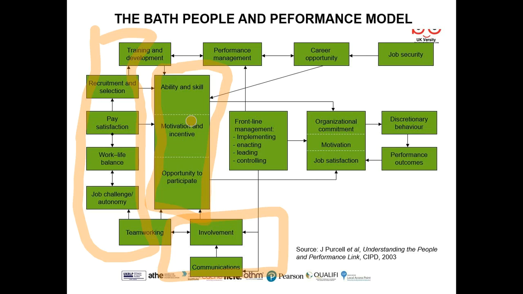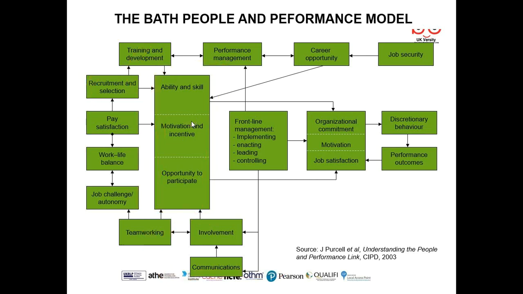So for Professor Purcell and colleagues, this AMO emphasizes that HR providing the ability, the motivation, and the opportunity is the secret to good organizational performance, showing HR's contribution to organizational performance.